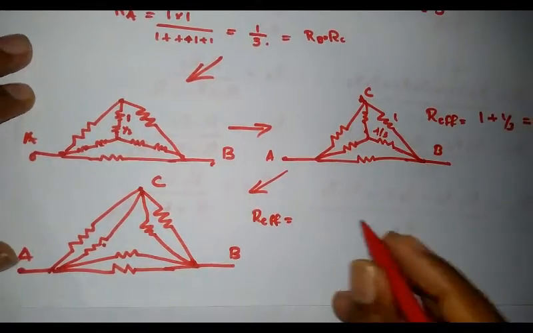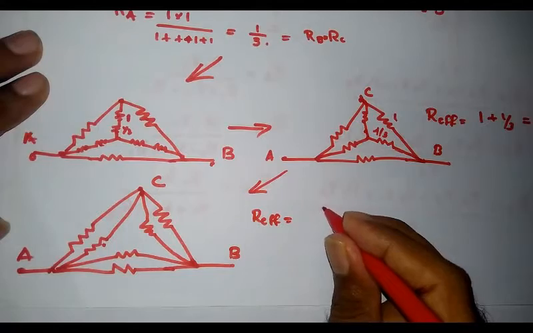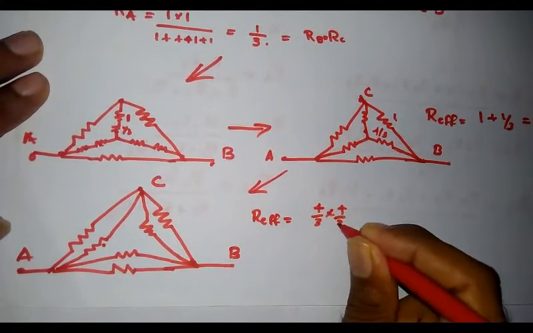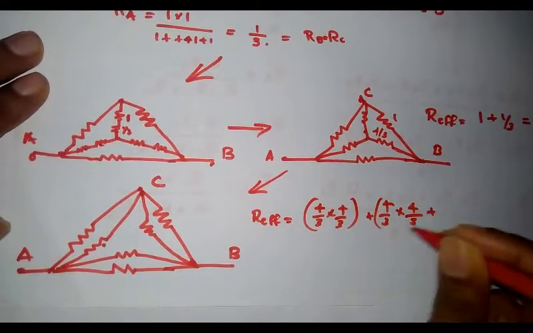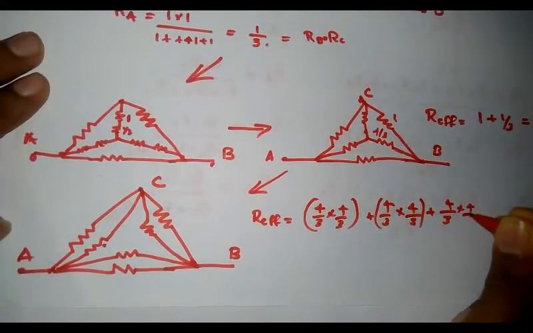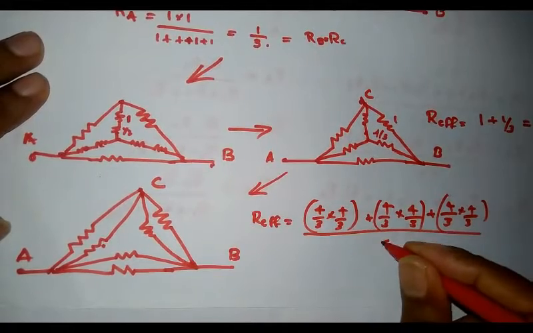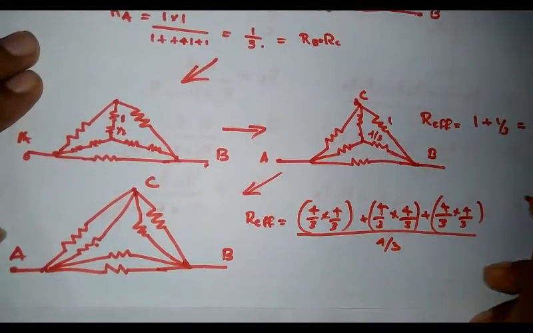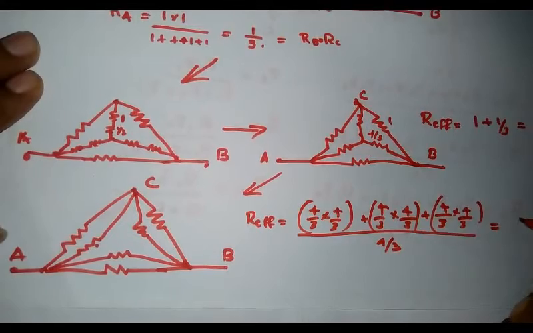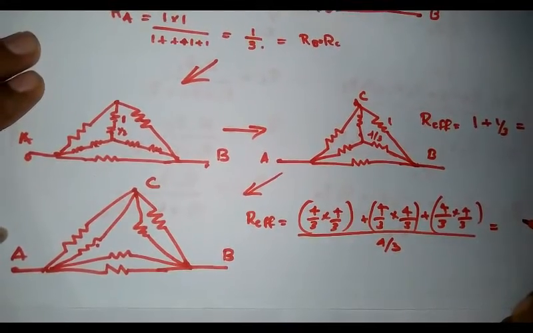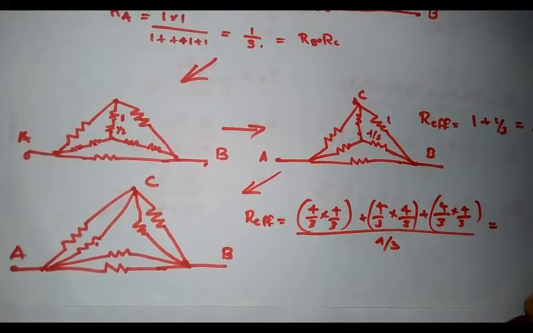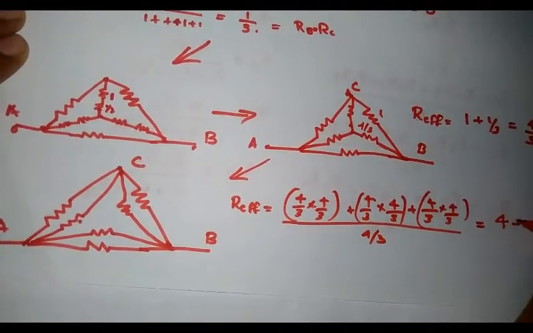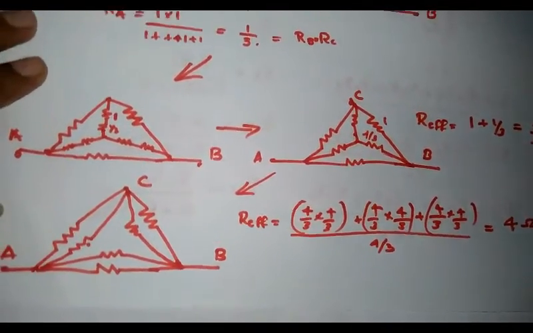We know that all the resistors are 4 by 3, therefore it is equal to 4 by 3 into 4 by 3 plus 4 by 3 into 4 by 3 plus 4 by 3 into 4 by 3, all divided by 4 by 3, and that is equivalent to 4 ohm. That resistance is equivalent to 4 ohm.